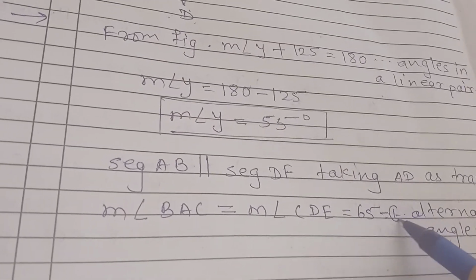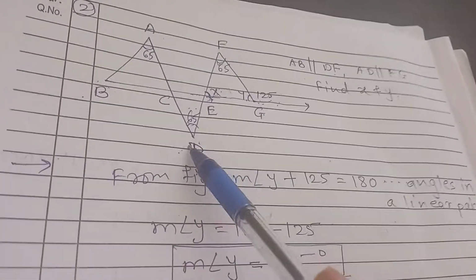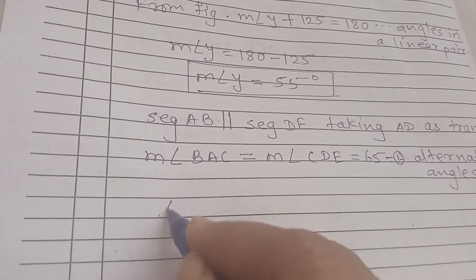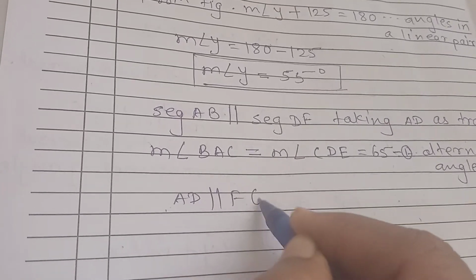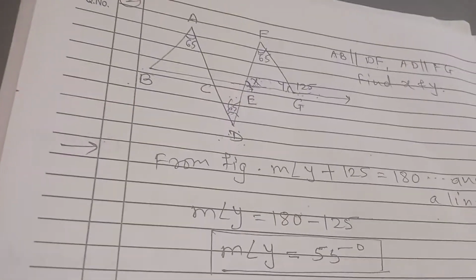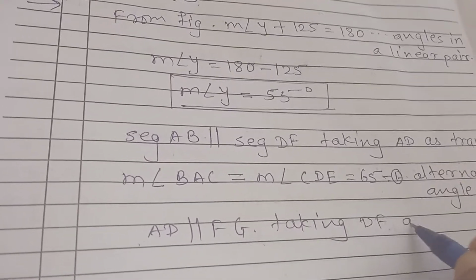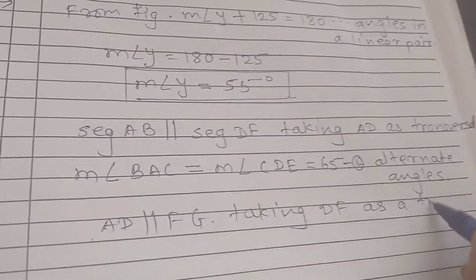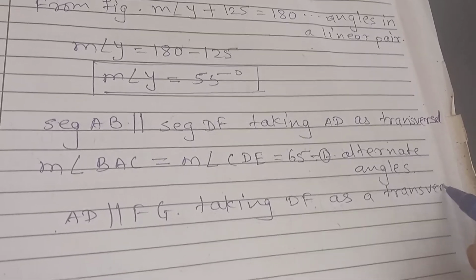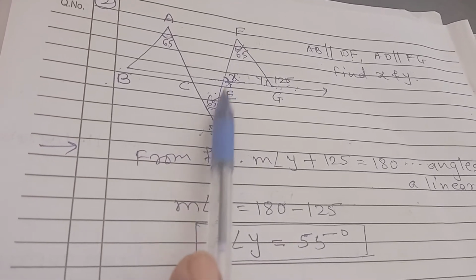Give this as equation number 1. Now what have we been given? We have been given AD is parallel to FG. Again, segment AD parallel to FG, taking DF as a transversal. Then measure of angle CDE is equal to measure of angle EFG.